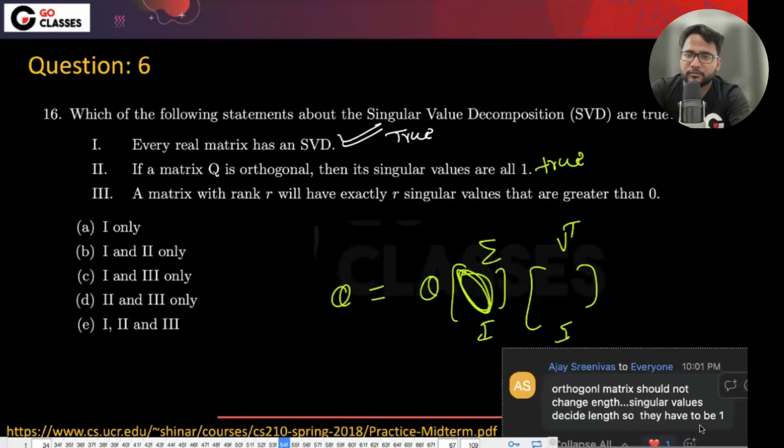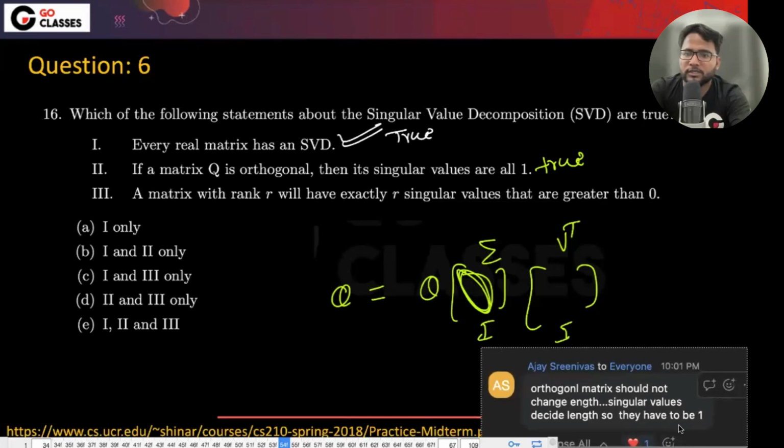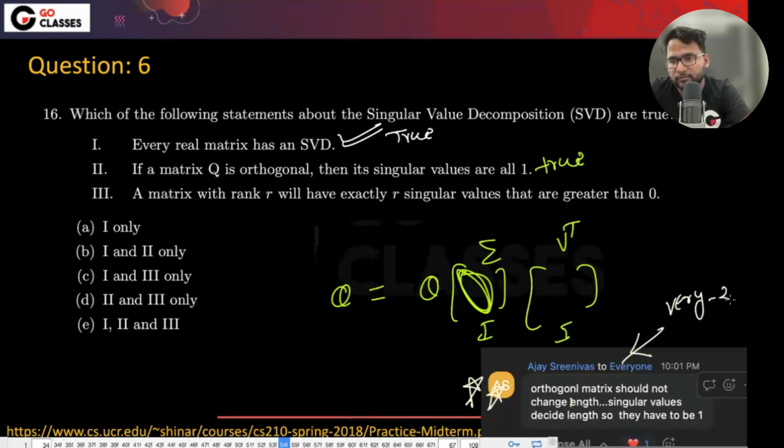What he is saying is that an orthonormal matrix should not change the length. Singular values basically decide the length, right? Ultimately, the singular values decide the length. And since they do not change the length, that's why the singular values are one. That's awesome. I mean, that's a very, very nice interpretation. I can say it's really good.